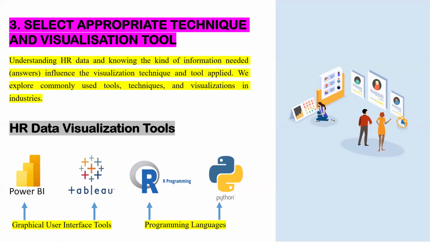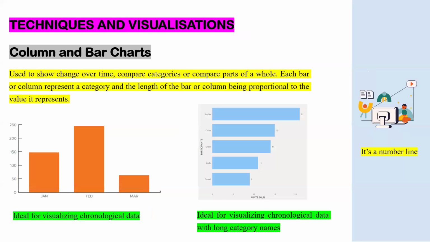I may want to use Python to do that. Otherwise, I'll have to pay for Power BI to use their AI feature to analyze that kind of data. So depending on the kind of questions you have and your understanding of your data, you may want to select the right tool. So selecting the right tool is bringing us to our main discussion.